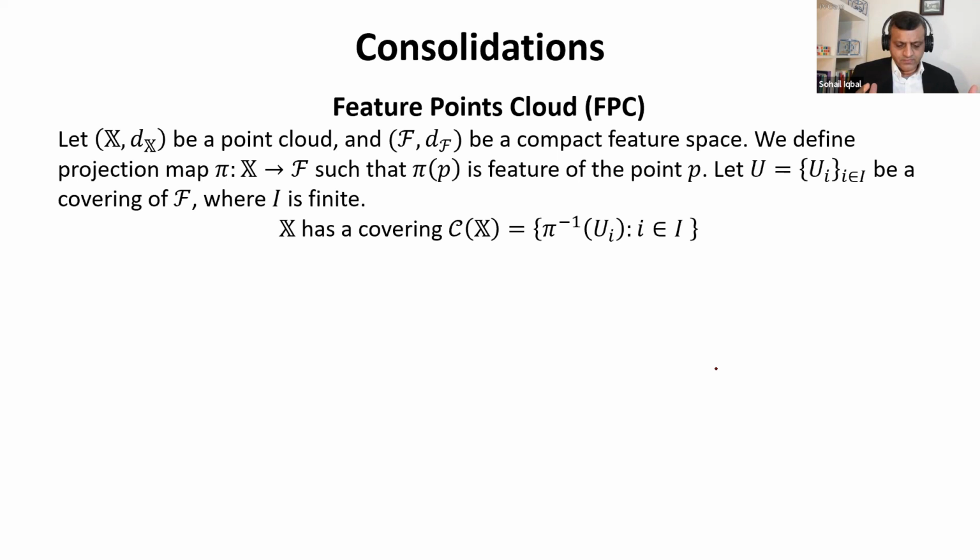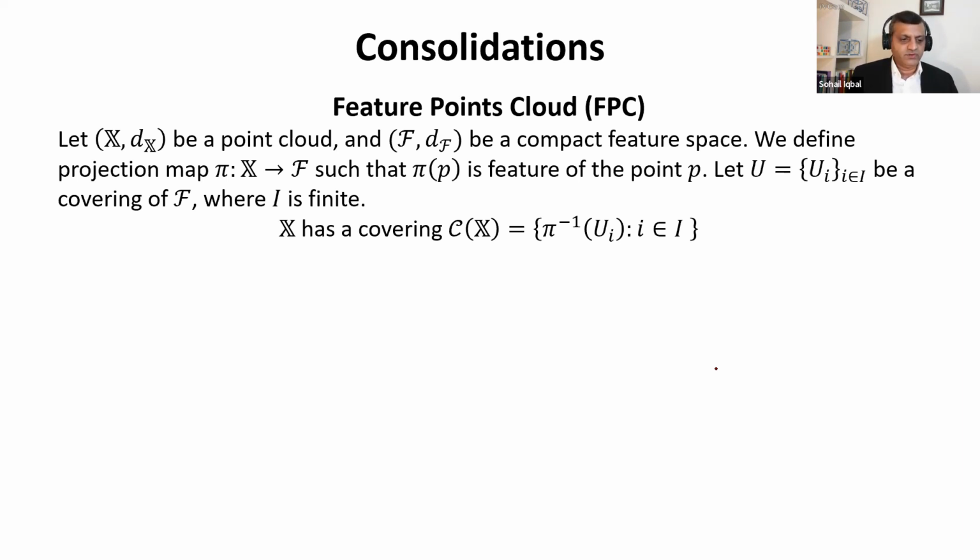Okay. Now the trouble is how we choose a point cloud which is somehow close to the homotopy of the underlying two manifolds. So that's our first problem, and for that we consider this feature point cloud.